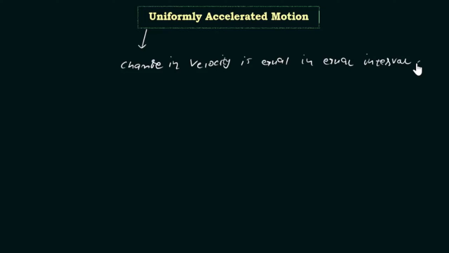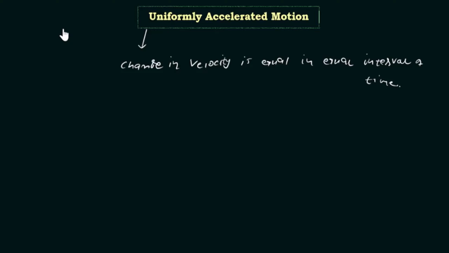Basically, in uniformly accelerated motion, the change in the velocity is equal in equal intervals of time, right? So such kind of motion is known as uniformly accelerated motion.